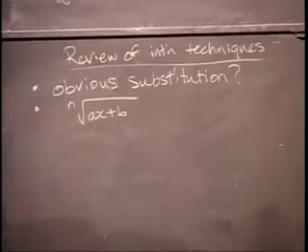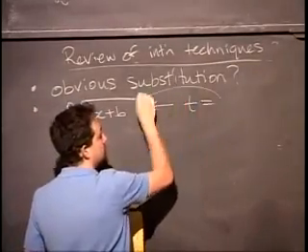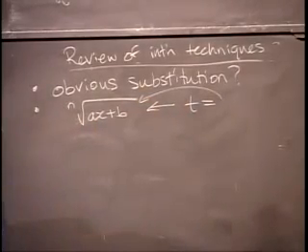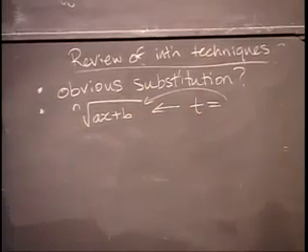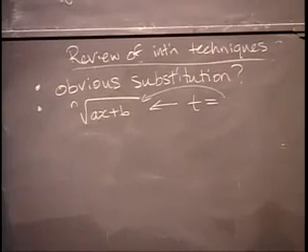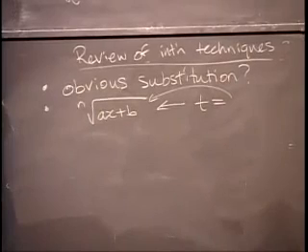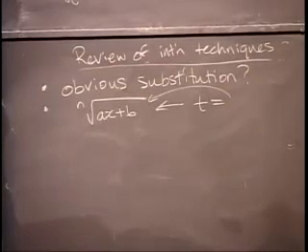If it's a linear thing, let that be t. That's a good substitution that should work. Not guaranteed. Again, I'm not going to spend any time going further because I've already done it, but I'm just trying to give you a sort of overview of what we've done.